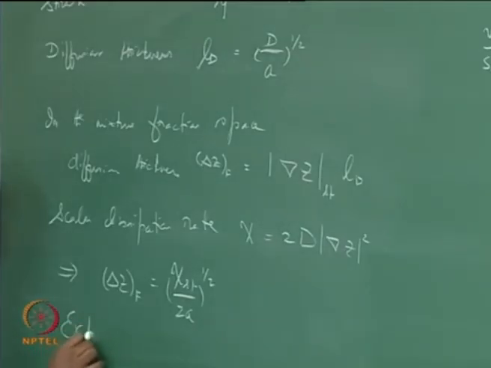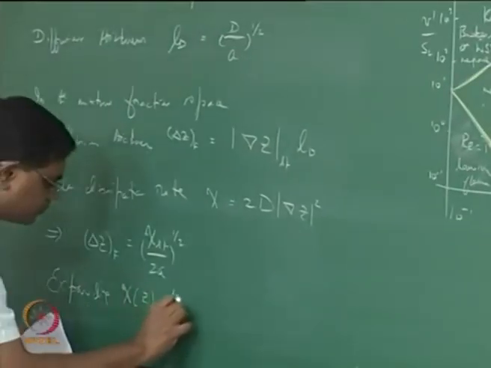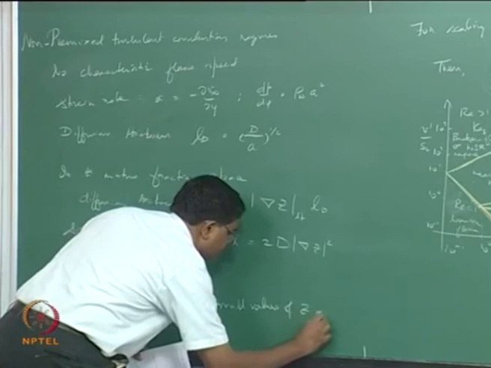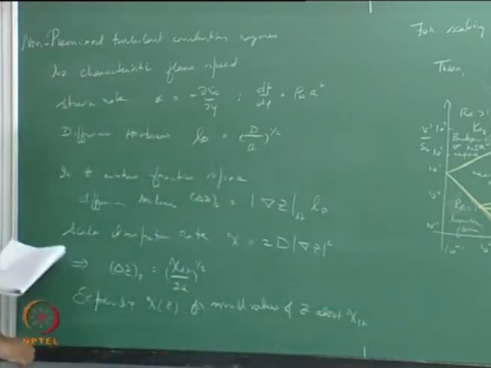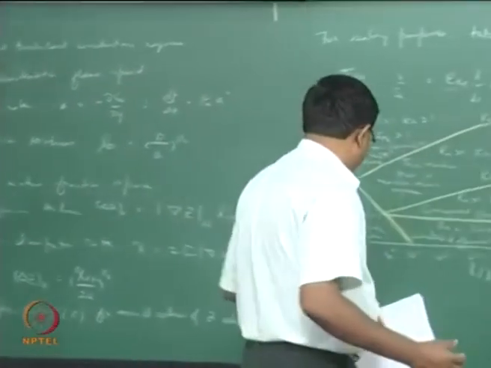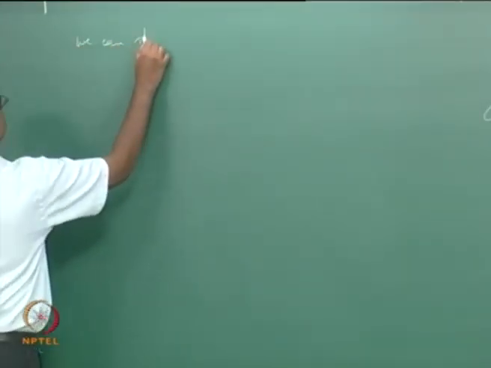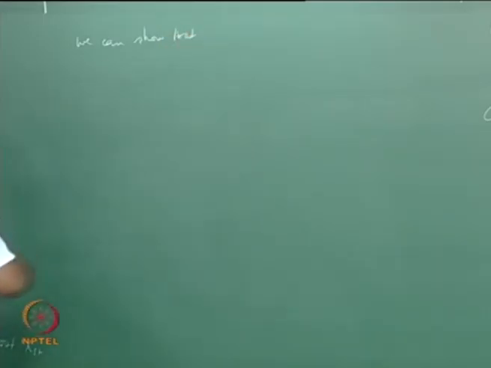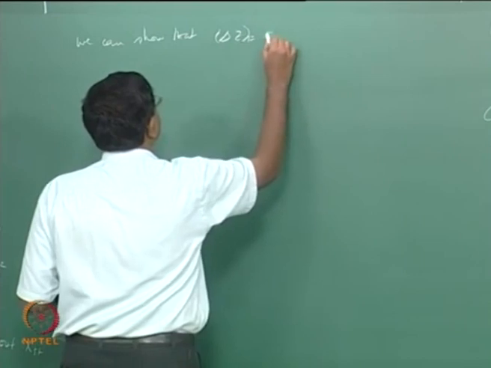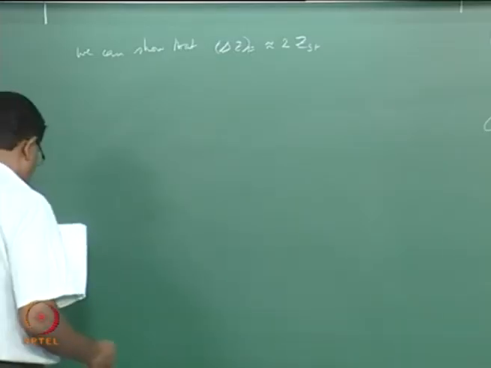So expanding chi of Z for small values of Z about chi_st, and when you say small values of Z, that means we are approximating, so we can show that delta Z_F is approximately 2 Z_st, right.